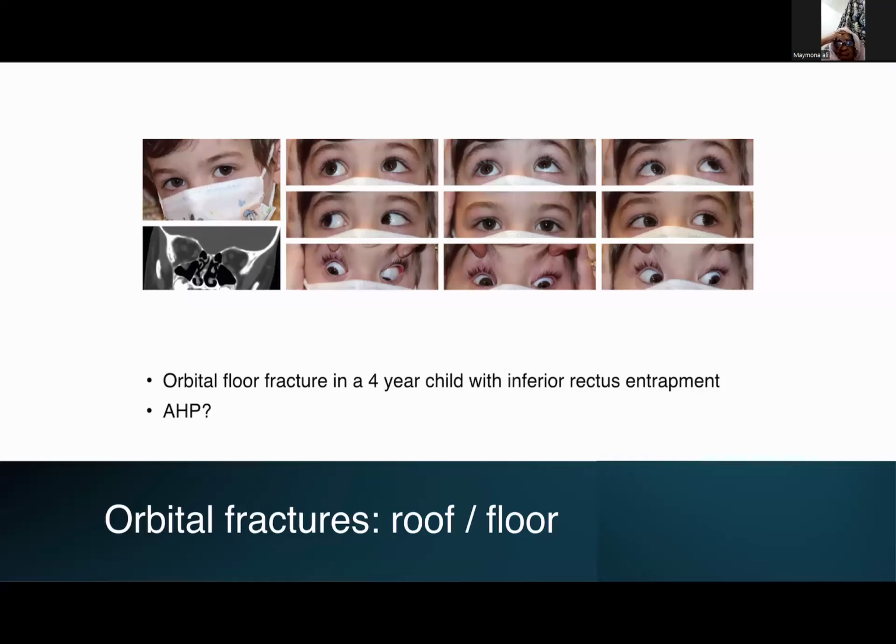The concept here is that this is a natural suture in the floor, which has widened because of the wave of injury. The force of blunt injury has made the suture widen, and this natural suture has opened, allowing some of the orbital contents, which are close to the inferior rectus, to get stuck inside this widened suture.